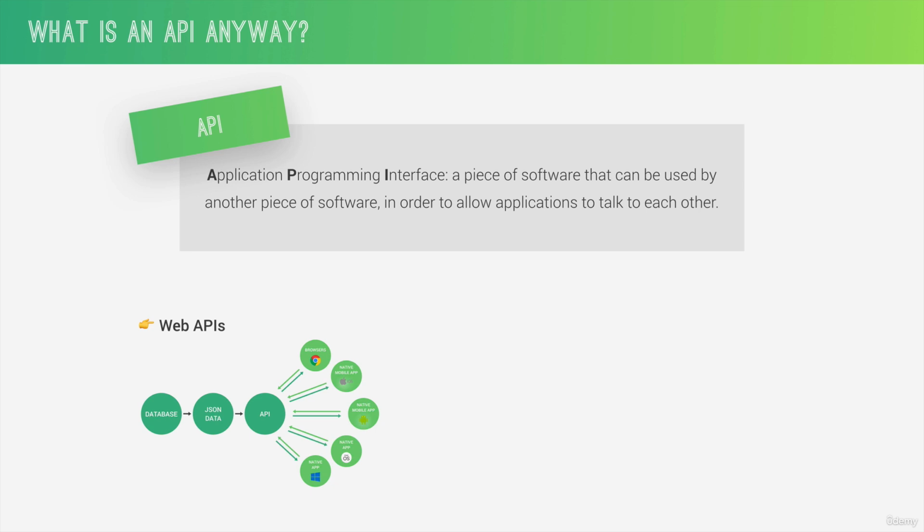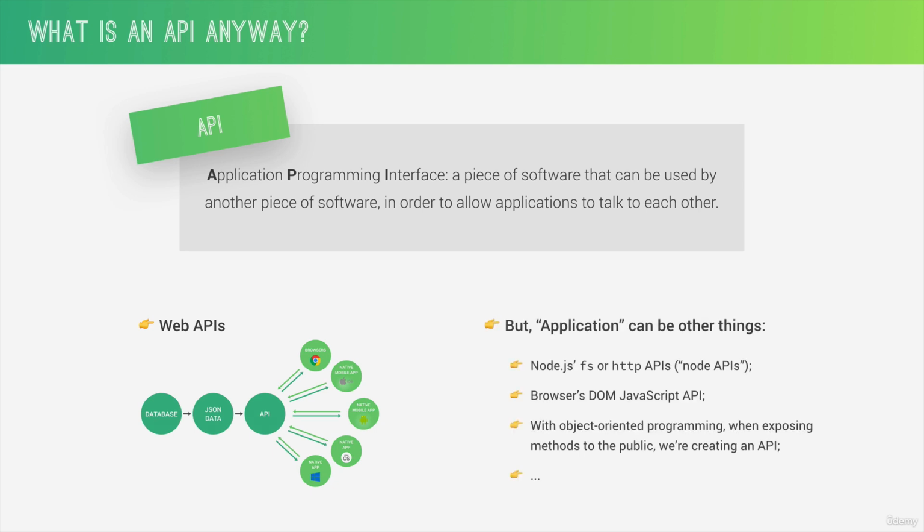But in fact, APIs aren't only used to send data and aren't always related to web development or JavaScript. So the application in API can actually mean many different things as long as the piece of software is relatively standalone. Take for example the Node file system or the HTTP modules.